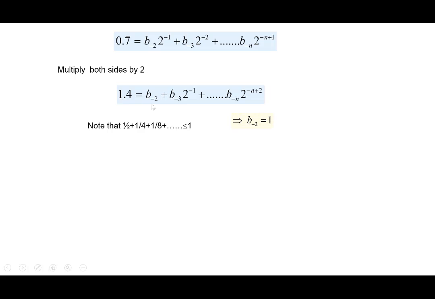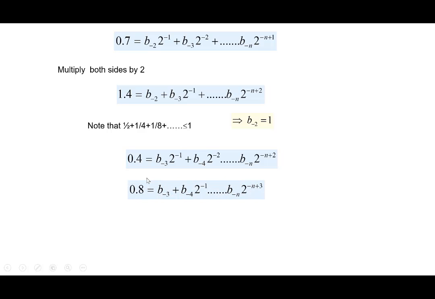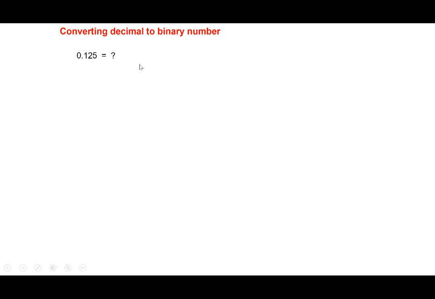Once you do that, you take b minus 2 out, you take 1 out, so you're left with 0.4. It must be equal to the rest of the numbers here. Then keep on doing the same thing. You multiply by 2, you get 0.8, so b minus 3 must be equal to 0. So that's a more systematic way of doing the same thing.